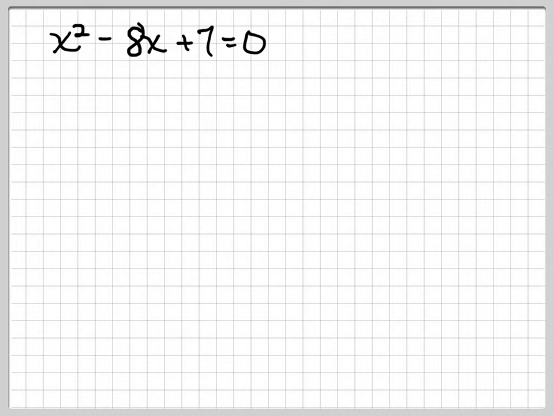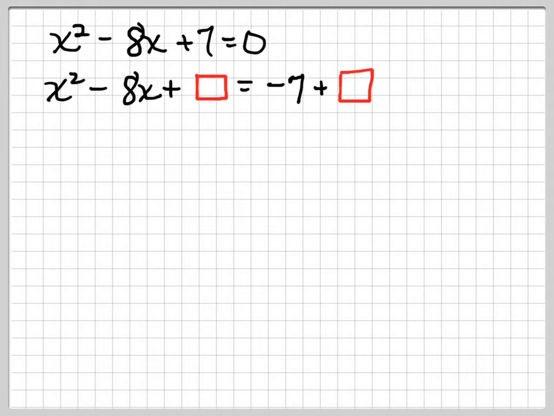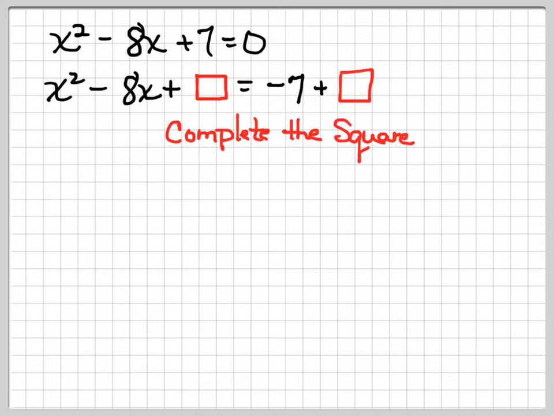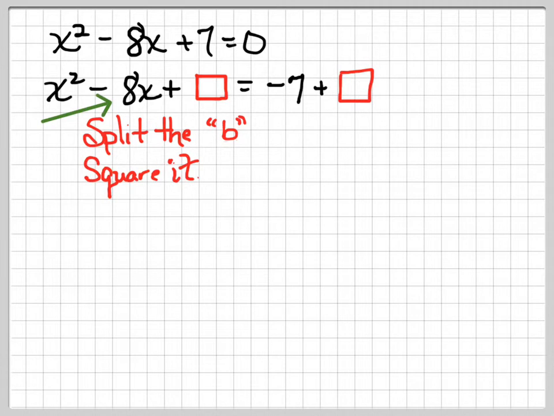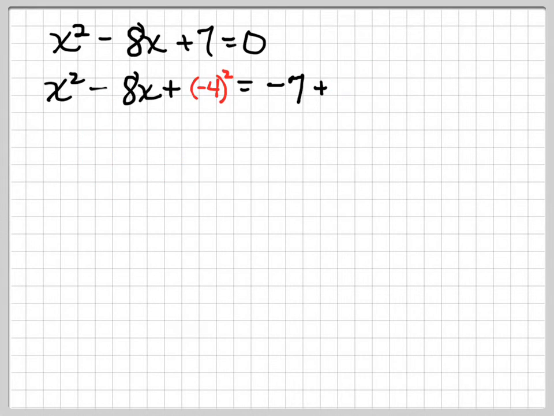All right, so again, the steps are move the 7 to the right-hand side by subtracting it. We're going to now complete the square. The way we do that, best thing to do is split the b and then square it. So you're going to split -8 and square it and add it to both sides.